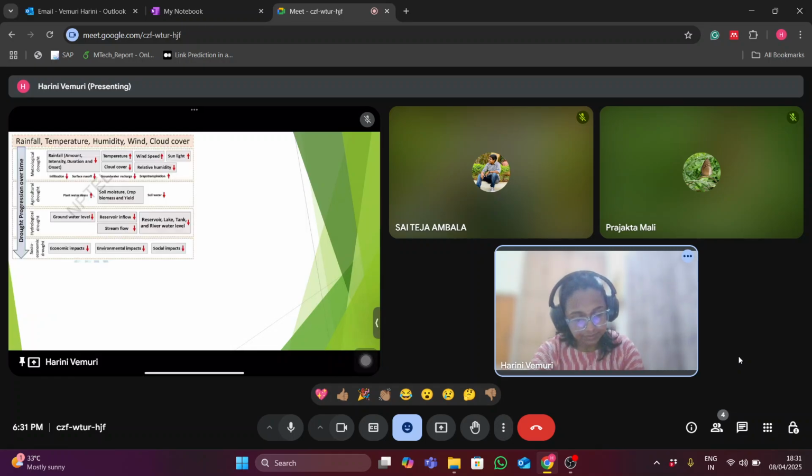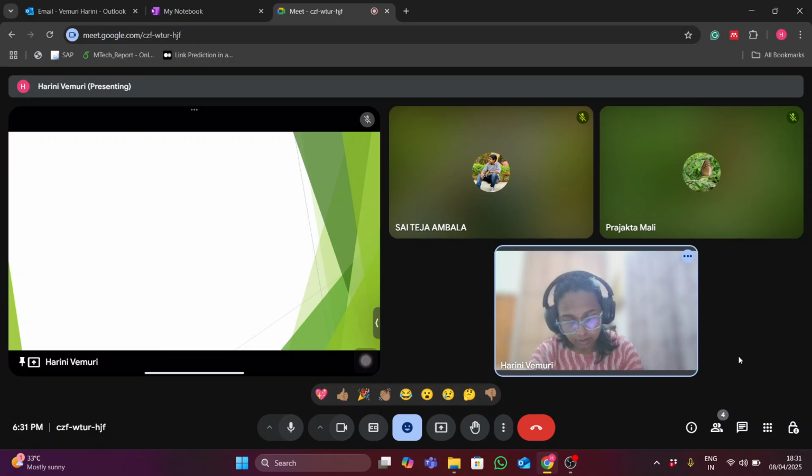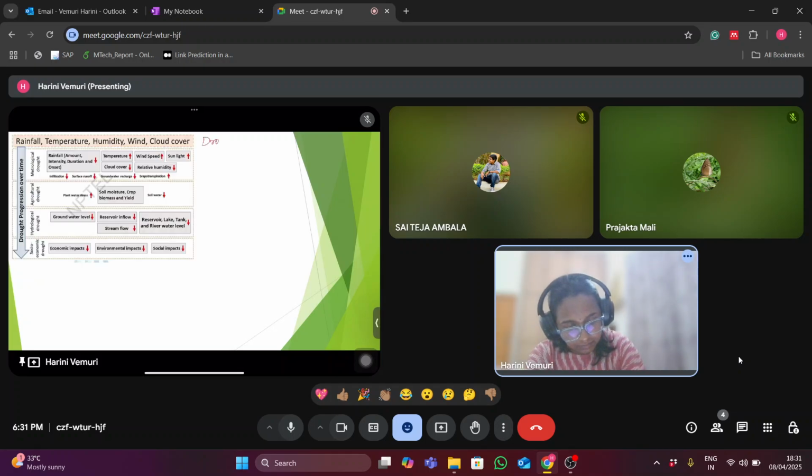Then we have different types of drought classification. If you see here, as you go from top to bottom, if the drought is progressing for a longer period of time, there are different types of droughts that we experience.